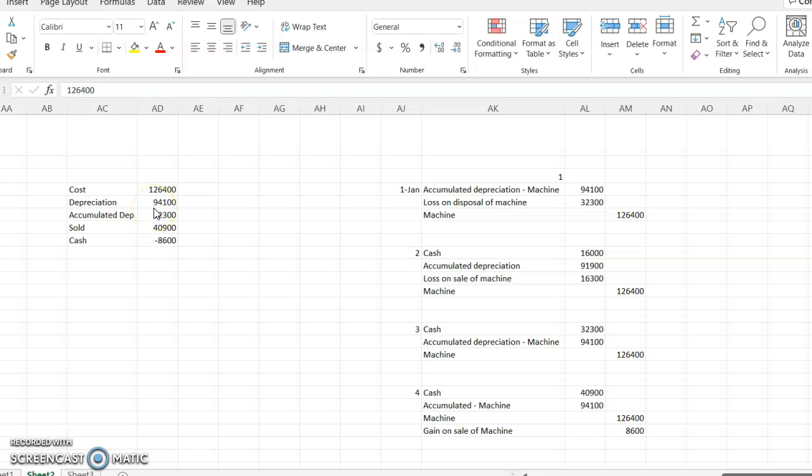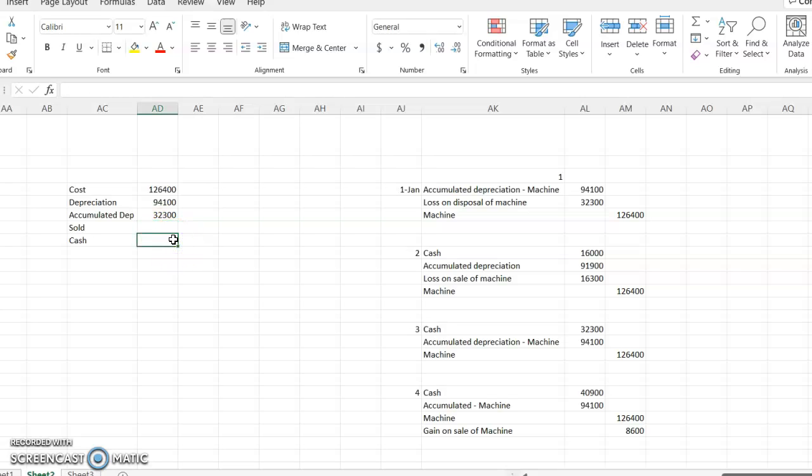The depreciation we found was $94,100, accumulated depreciation. If you subtract the $94,100 from the cost, you get $32,300. And so we'll leave these blank for now.